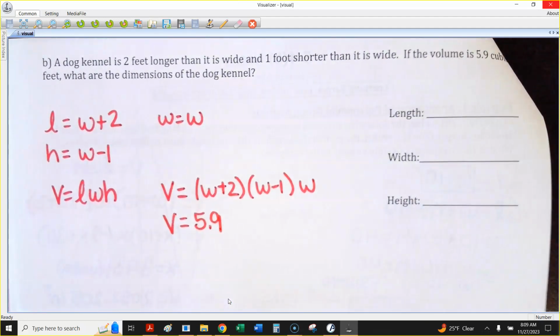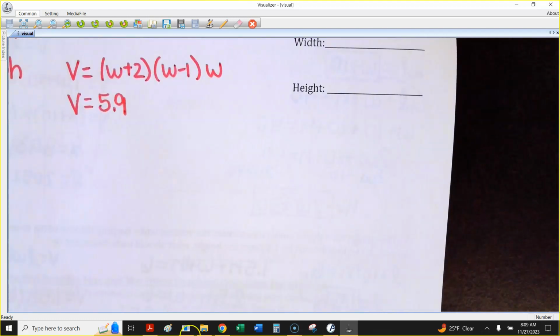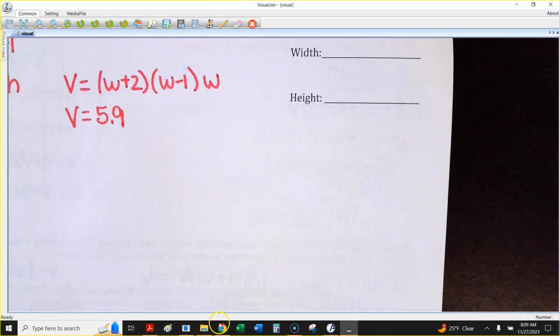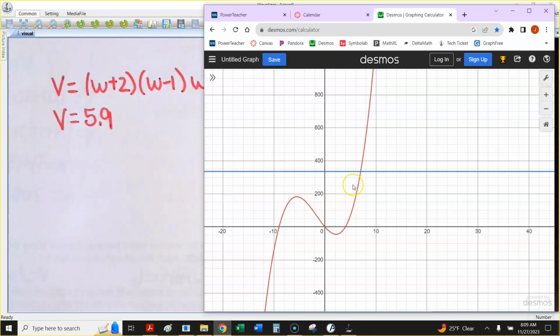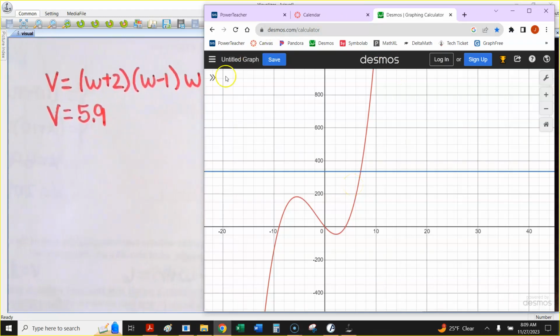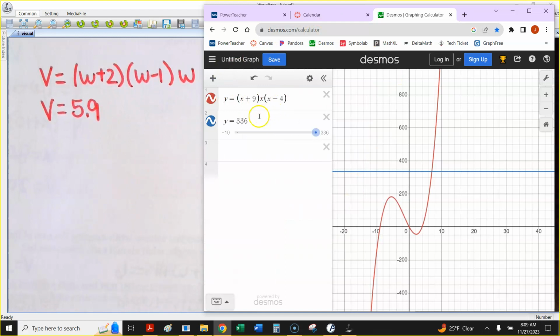When you feel like you've got a good equation, just go ahead and grab your Desmos and just make sure you use an X and Y when you do it.